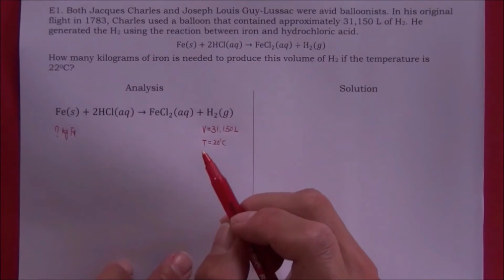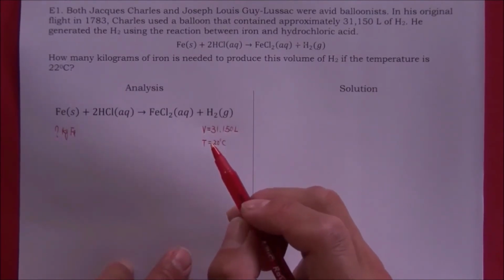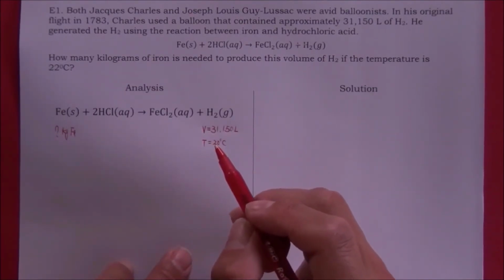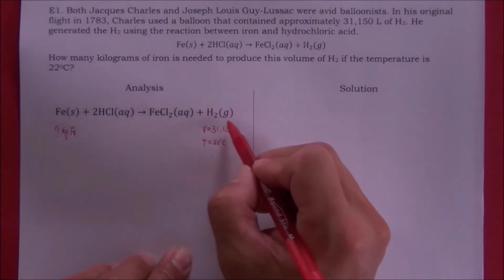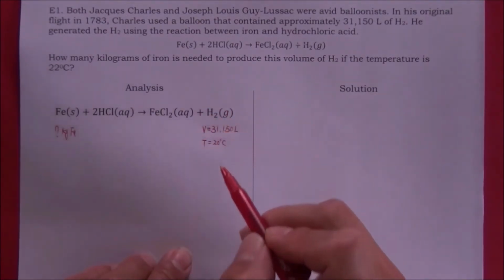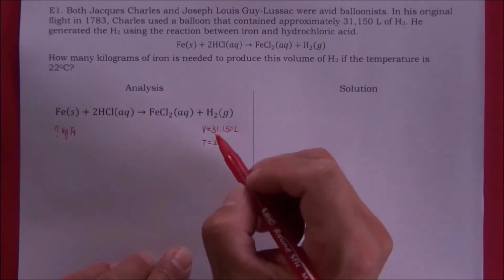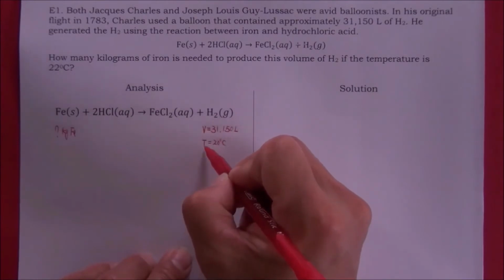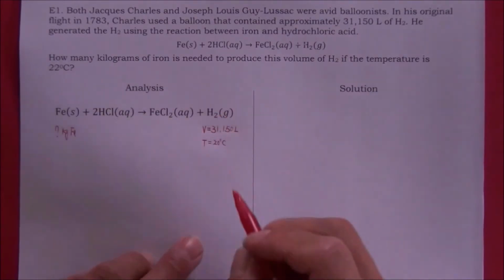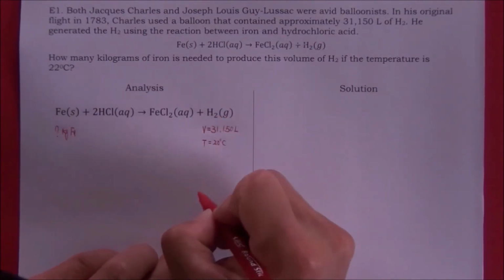It is stoichiometry. But for a typical stoichiometry problem, we need to know the moles of a product. So, in order to finish this calculation, we have to find a way to convert the volume and temperature of hydrogen gas into moles of hydrogen gas.